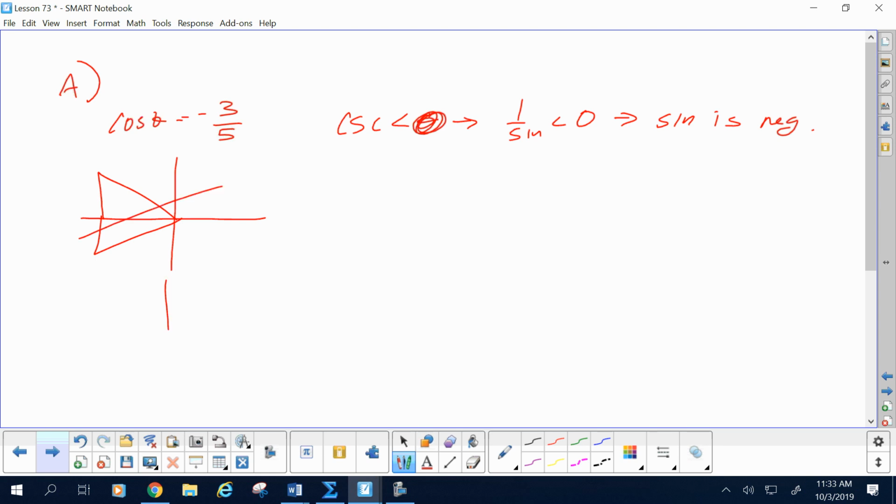So I'm going to redraw, and where do the 3 and the 5 go? X and cosine is adjacent to hypotenuse, yeah? So 3 and 5, and therefore what is the opposite side by Pythagorean theorem, or just triple? 4 or negative 4? Negative 4. Does that sign matter? Yes. Yeah, it does. It's kind of important for the sign and all that stuff.